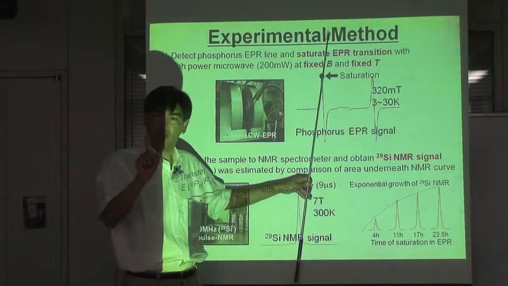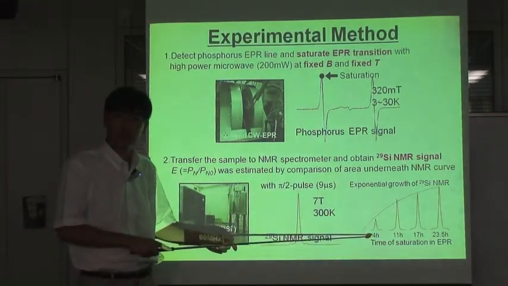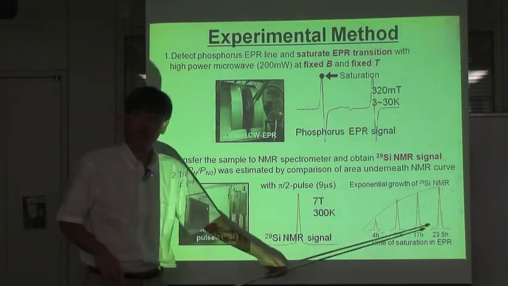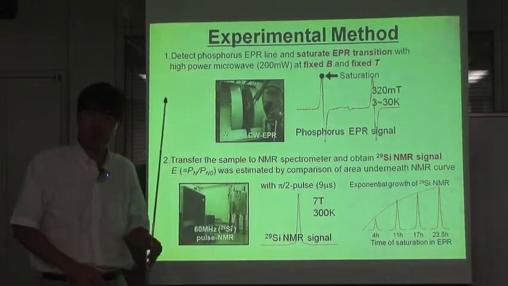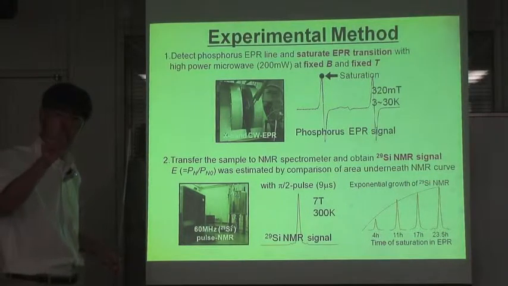We just wait. Okay? Sometimes we wait 4 hours. Sometimes we wait 11 hours. Sometimes we wait 24 hours in the EPR machine. It's a long process. So waiting a certain time allows 29 nuclear spins to orient themselves to a certain direction.